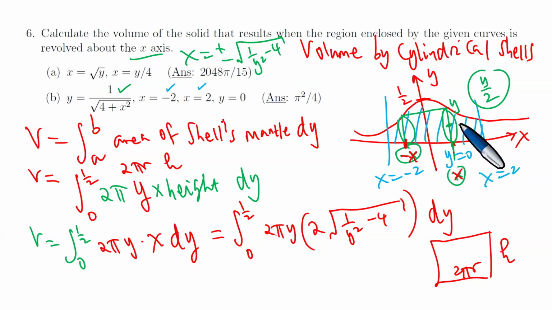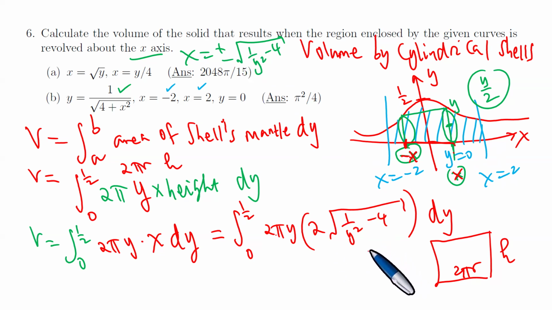So to find the height, you take this distance and that distance, so it's x and x, which is 2x. Since x is plus or minus the square root, you have 2 of the square root. That's why we have 2 of the square root.